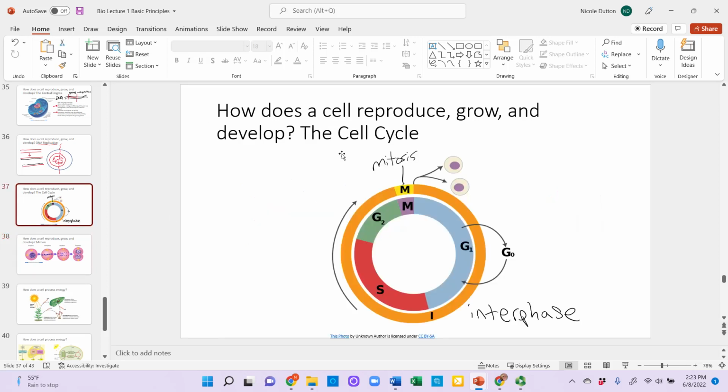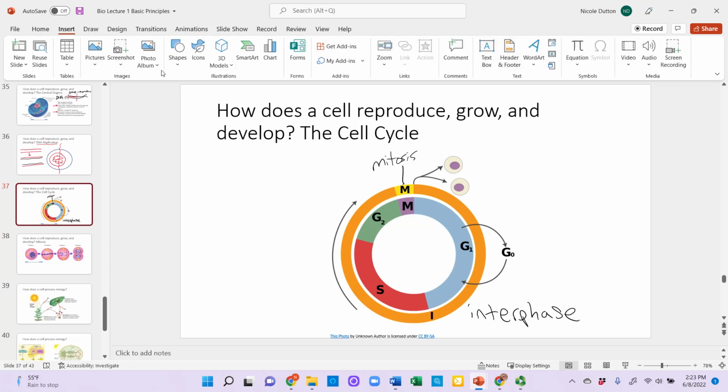But following the M phase mitosis, we have one more phase called cytokinesis. Cytokinesis is the separating of the cytoplasms of the cell. So that finishes the division of those cells into two separate cells.